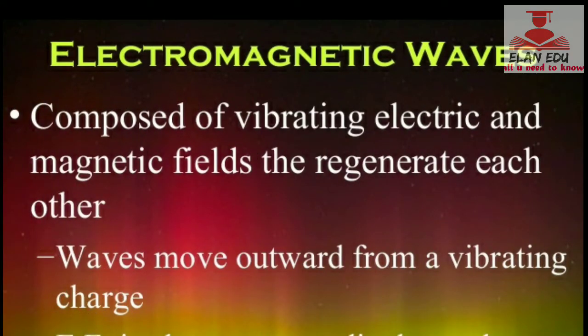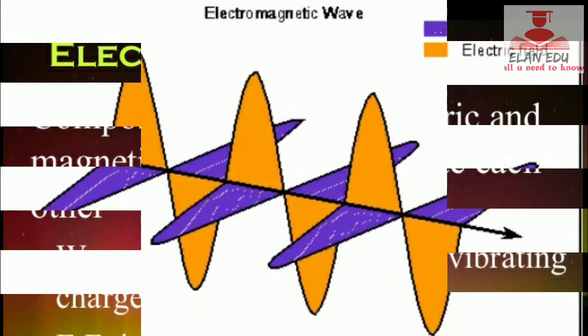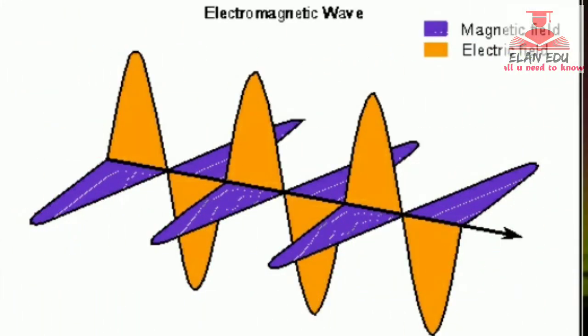Thus, the electric field is always perpendicular to the magnetic field, and both the electric field and magnetic field are perpendicular to the direction of the moving wave. The waves move outward from a vibrating charge. Let us see the diagrammatic view of electromagnetic waves, in which the electric field and magnetic field are perpendicular to each other.